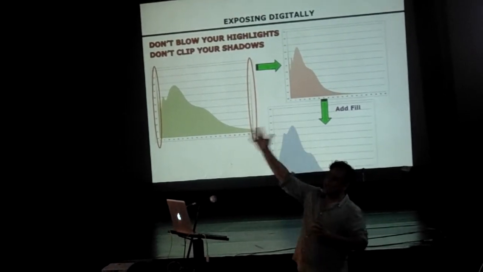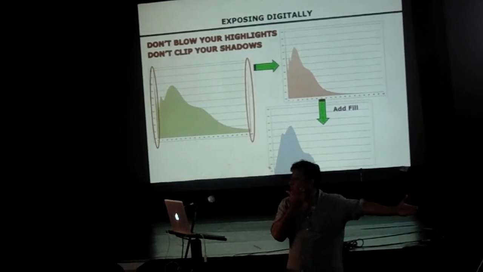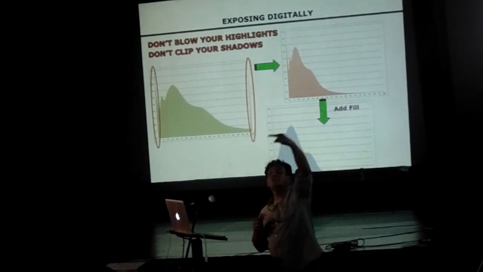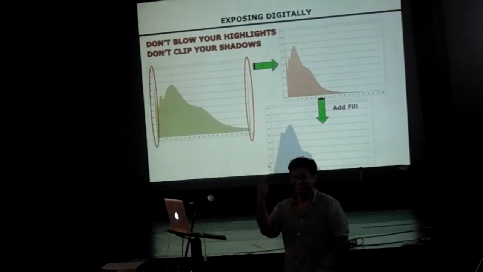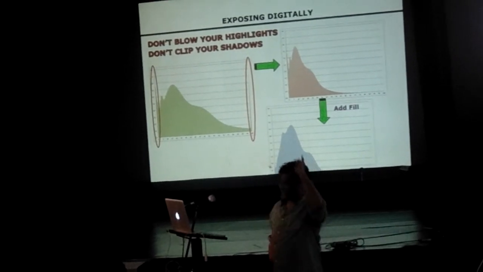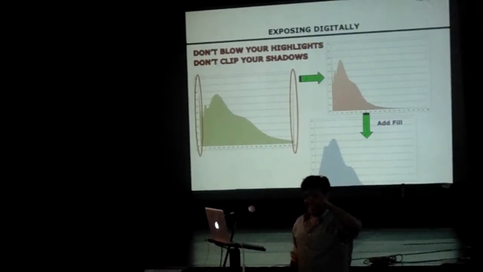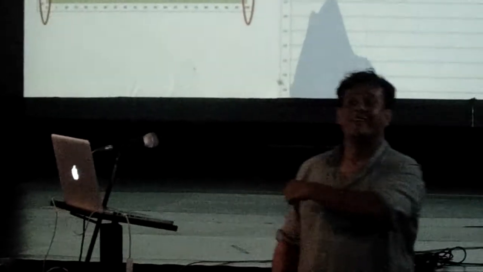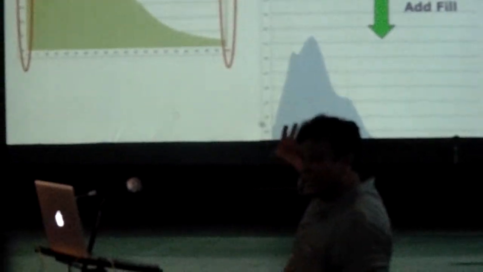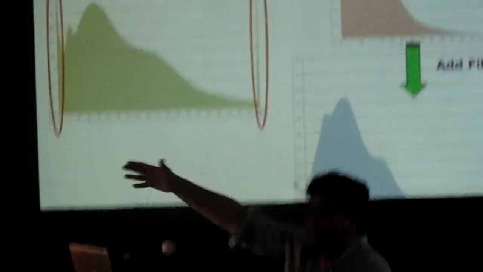But you now handle your highlights, you're not blowing your highlights, you're not clipping your shadows. But what you have done is you've increased your light budget. So that's why I said in the beginning that digital is low light, and here is the kicker. This is not a problem in low light. The problem is coming because you don't have latitude at the top end.